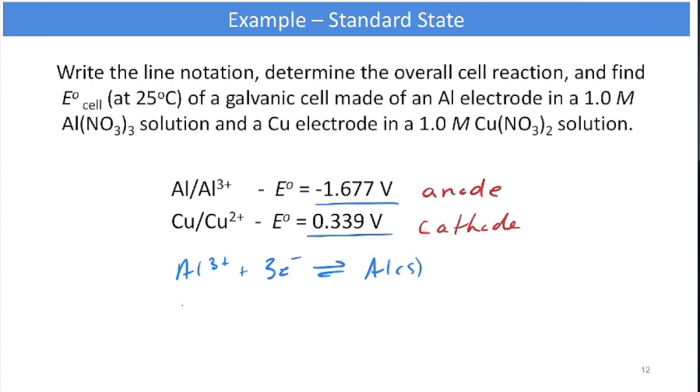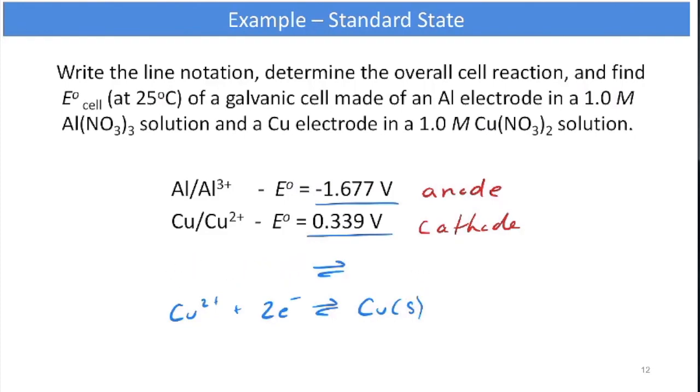And for copper, we have copper 2+ plus 2 electrons going to copper solid. We know the aluminum reaction is actually an oxidation, but what we've written is a reduction. When determining the overall reaction, one of these reactions has to be written as an oxidation. So we have to rewrite the aluminum reaction in the form of an oxidation reaction, and to do that, we just reverse it.